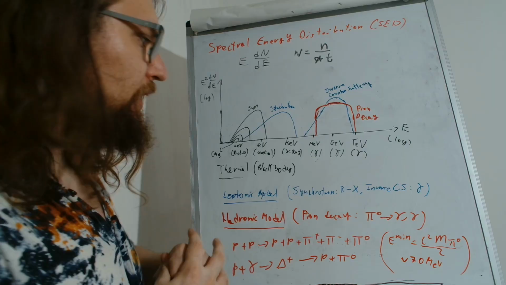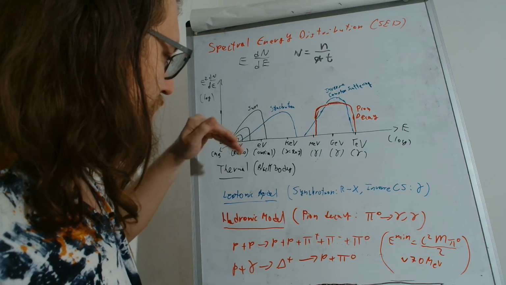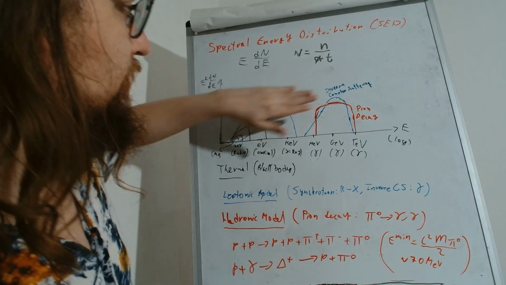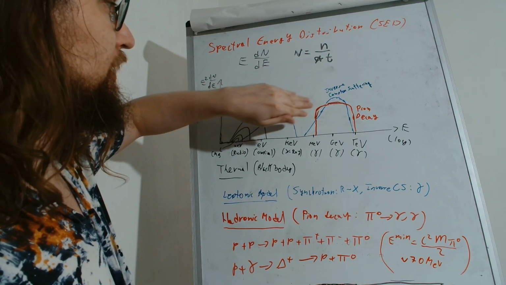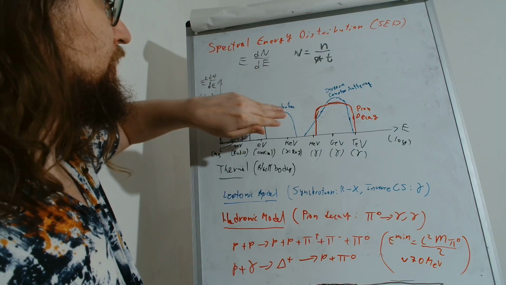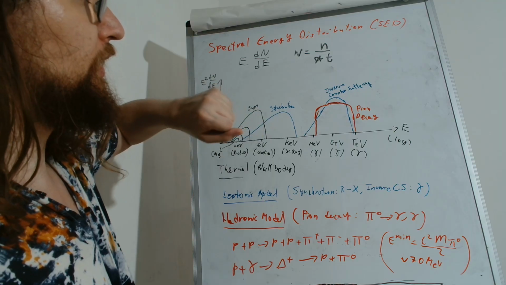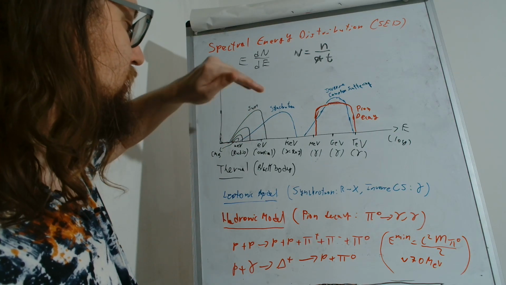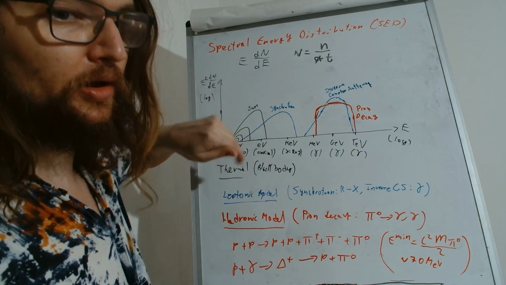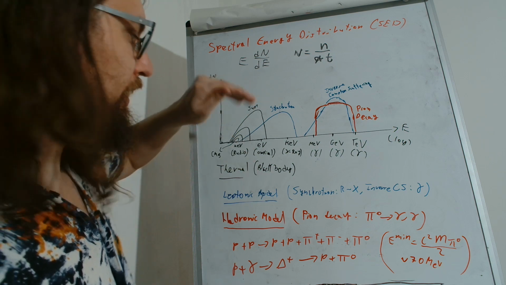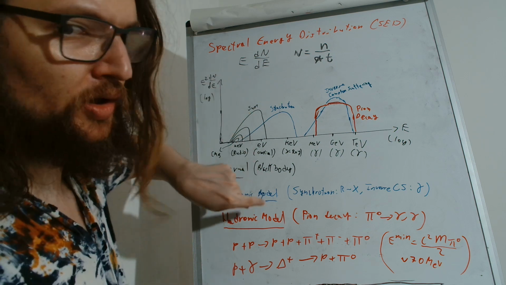They are gamma rays. And so these blue emissions, gamma ray emissions and X-ray emissions in acceleration sites, are called the leptonic model of gamma ray emission. Instead we also have the hadronic model of gamma ray emission.